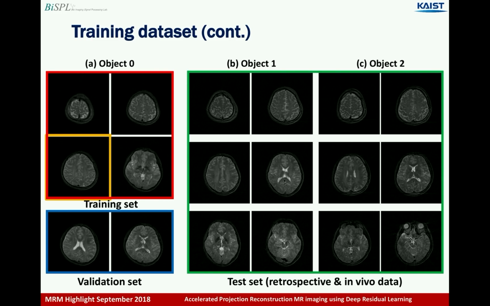All datasets consist of three objects, and the training set and test set are different. The dataset from object 0 was used for training and validation, and the datasets from objects 1 and 2 were used as test. Also, the test set consists of retrospective and in vivo datasets.